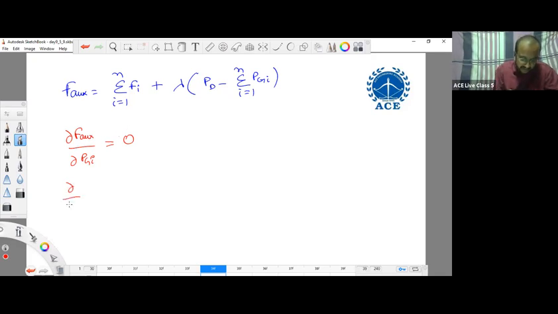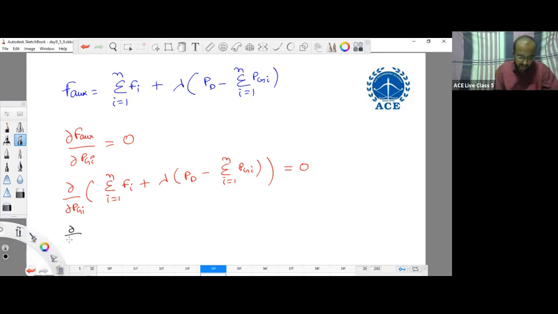So what do you get here? Dou by dou Pgi of, if you expand this, sigma i equal to 1 to n Fi plus lambda into PD minus sigma i equal to 1 to n Pgi is equal to 0. Now I have substituted the auxiliary function here.